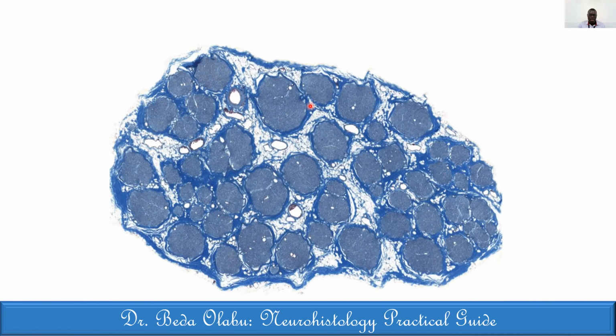So I'm seeing a structure that has been cut in cross-section. The structure is encapsulated, as you can see here. This is the capsule. And within it, I see multiple smaller rounded to ovoid structures, which also appear to have been cut in cross-section, and they also appear to be still encapsulated, although they're within that large thing that is encapsulated.